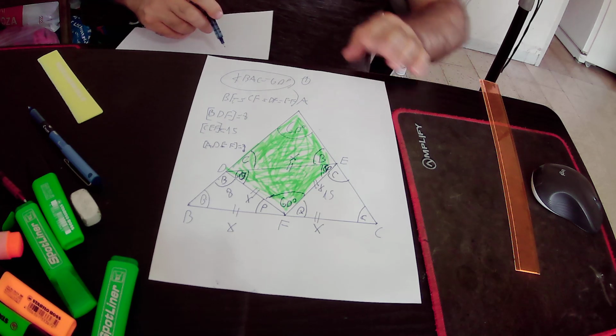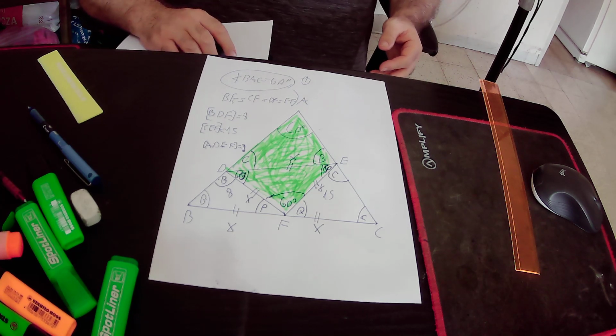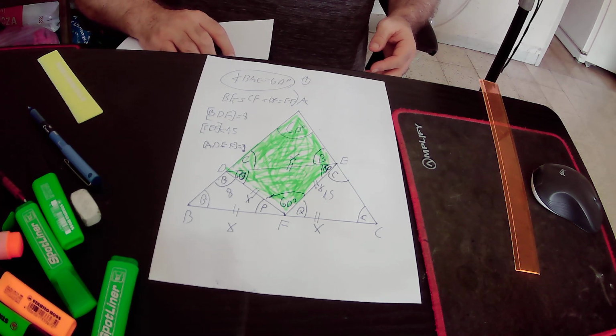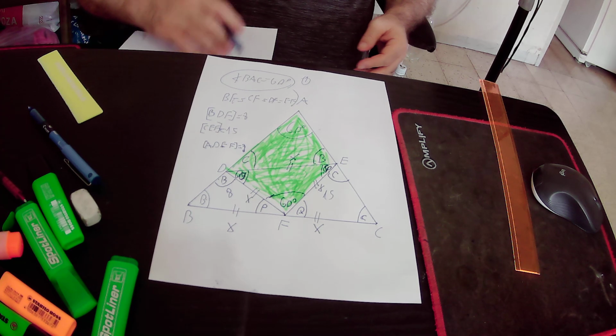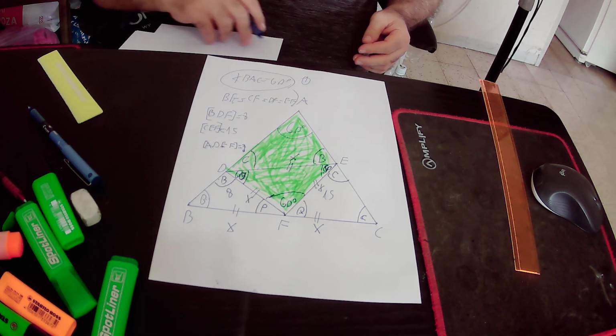So first of all, the ratio between the areas of those two triangles is 15 over 8.